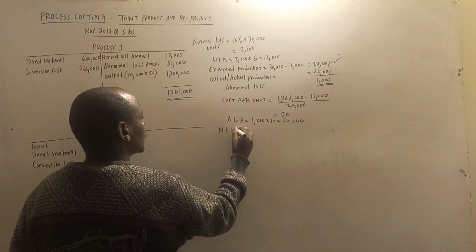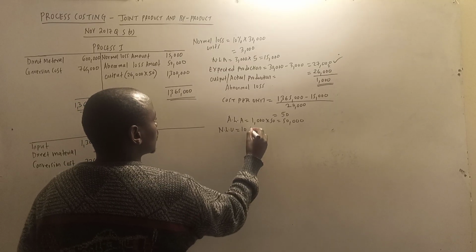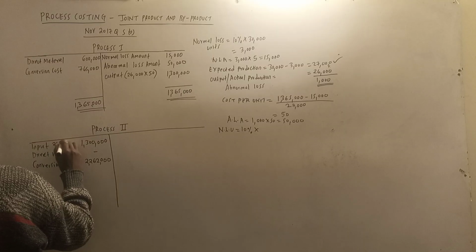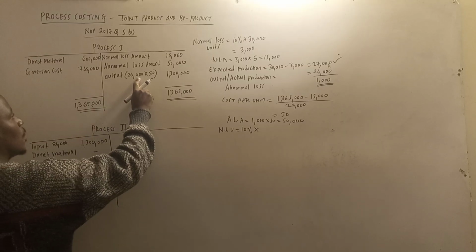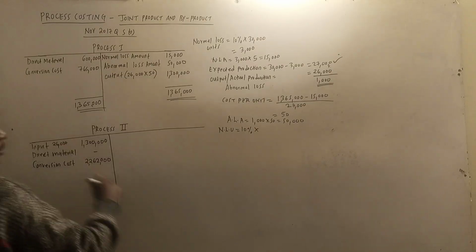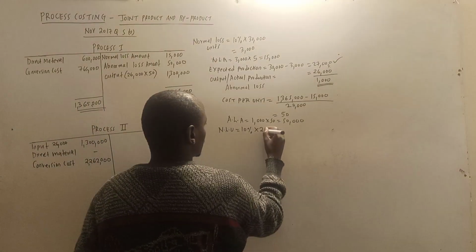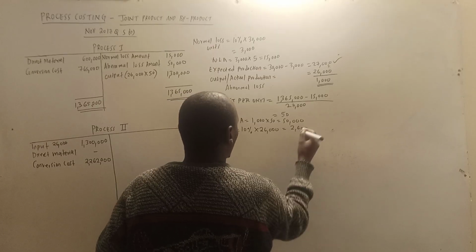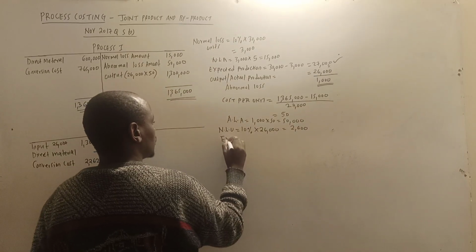Now let's compute normal loss for process 2. Normal loss units, which is 10% of our input. Now our input is 26,000, which is 10% of 26,000, which will give us 2,600. Then expected production.